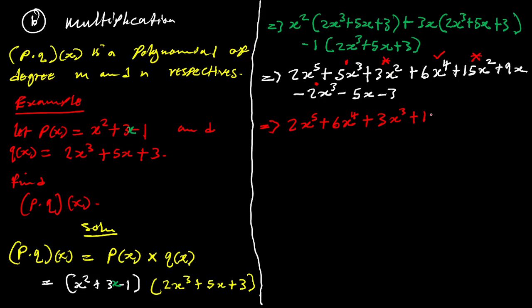So this will give you plus 4x. And then you have the last guy who is just alone, the constant. So the constant is just alone as the negative 3. And this is the final answer for this particular question.